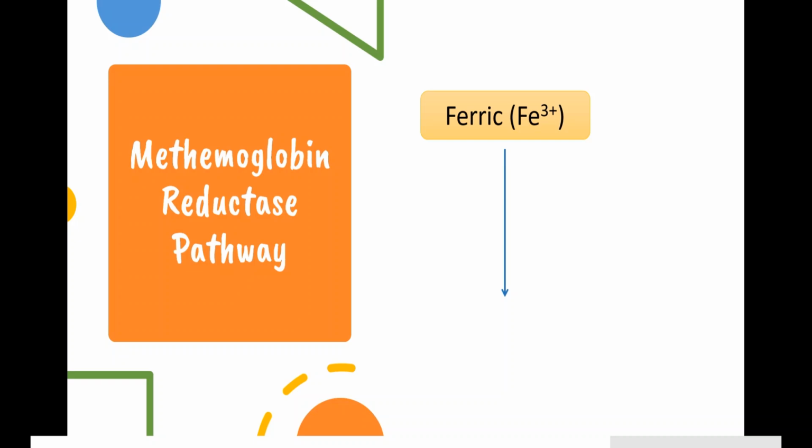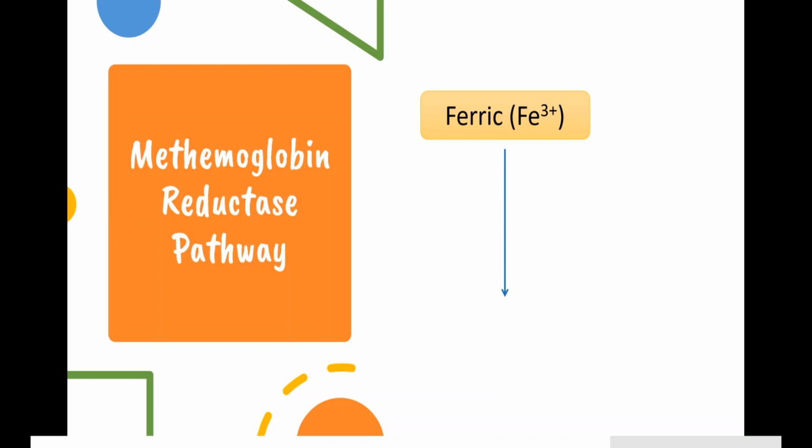The glutathione in the HMP pathway must be able to reduce this iron back to the ferrous state. But no, the reduced glutathione is not able to convert ferric iron into ferrous iron. It doesn't have that capacity.